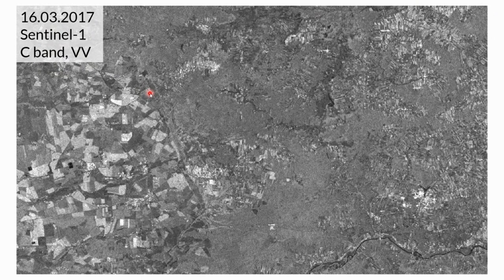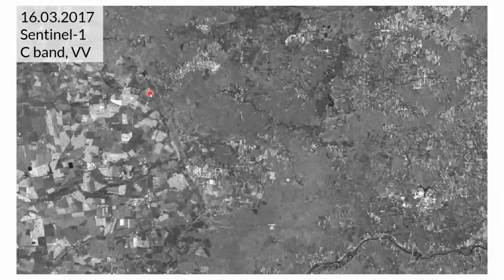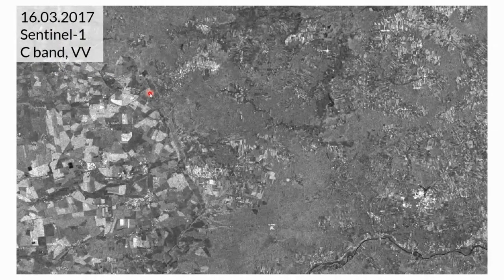There are some systems that can get only one polarization at a time, and that's mostly only co-polarization, like here, for example. But there are also systems that can get multipolarization, like two polarizations at once, like Sentinel-1. That's again a European radar satellite.